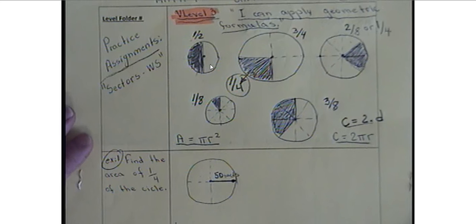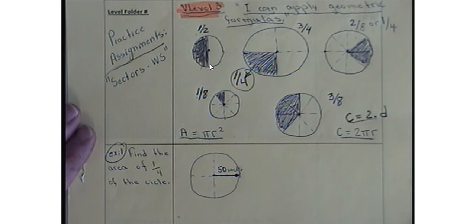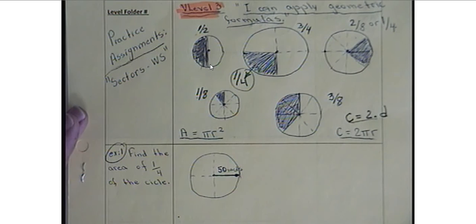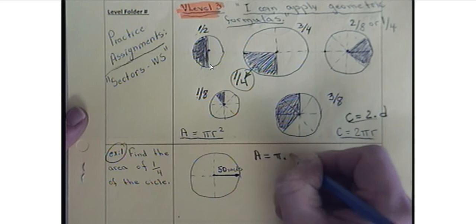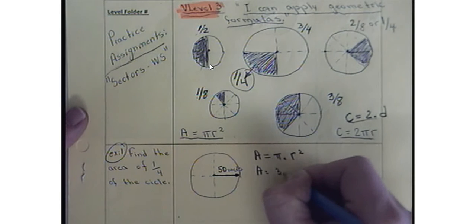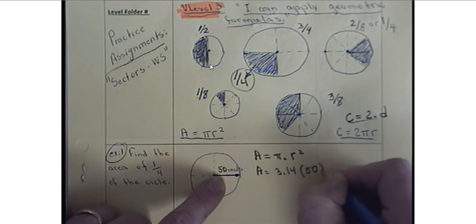Example number 1. Find the area of 1/4 of the circle. So they're asking us, what is 1/4 of this circle? Well, area of the circle is pi times r to the second. The area will be equal to 3.14 times r, which is 50 yards, to the second.